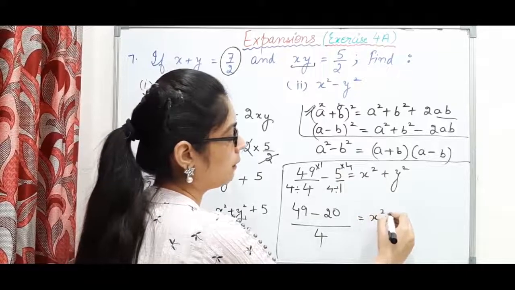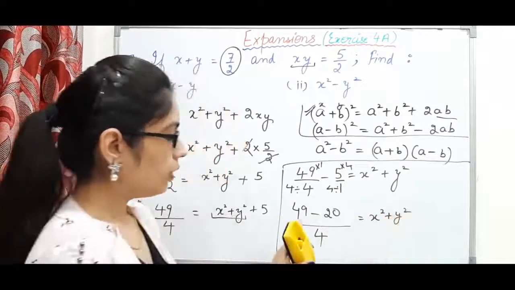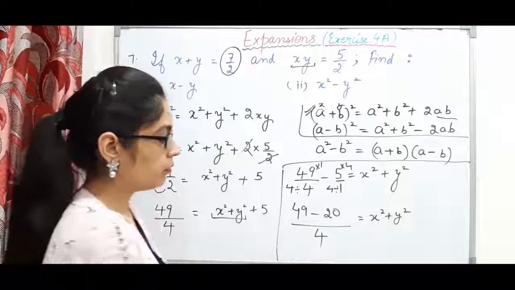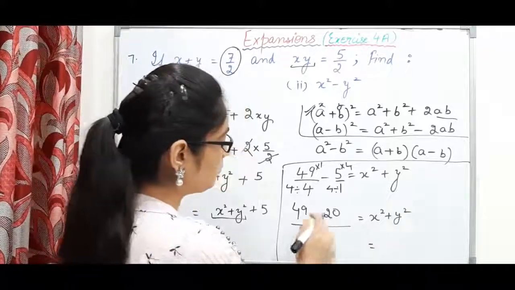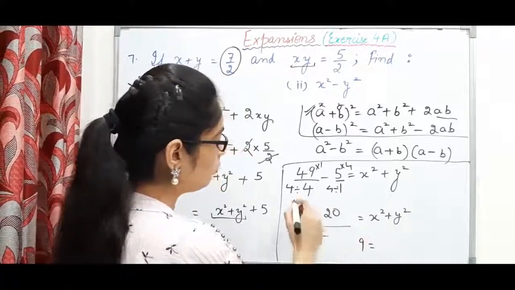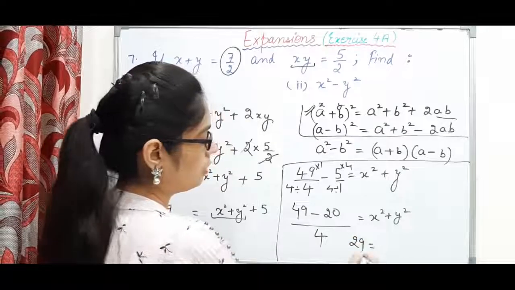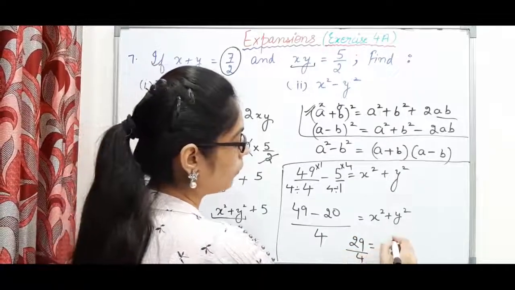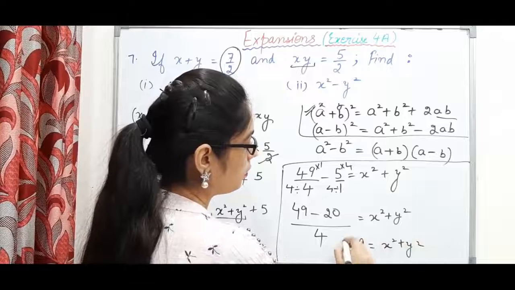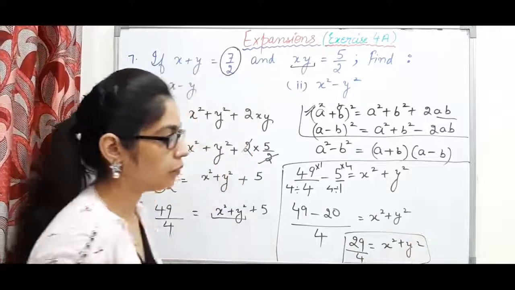X square plus y square is 49 minus 20 by 4. 49 minus 20 is 29, so x square plus y square is equal to 29 by 4.